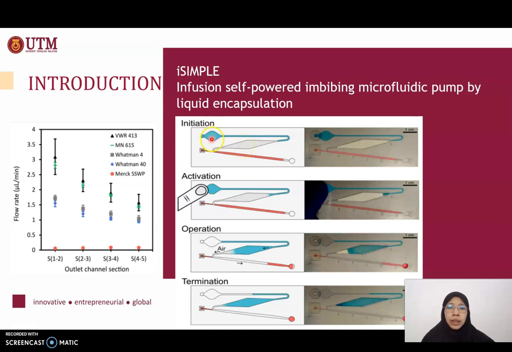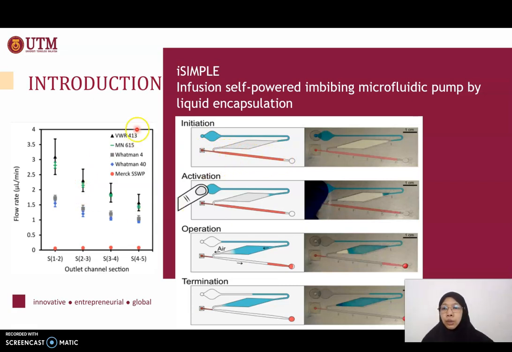The blue one is the working liquid, and the red one is the sample liquid, the biological sample that we want to process or analyze. When we put the working liquid here and press it, the liquid goes to this filter paper and is absorbed. Whatever air is inside the filter paper is pushed because it's a confined, closed environment, and it pushes the sample liquid to flow. So this is actually a micro pumping effect.